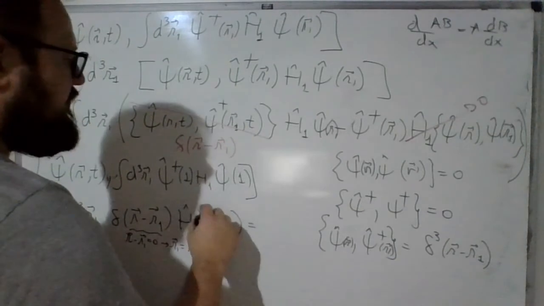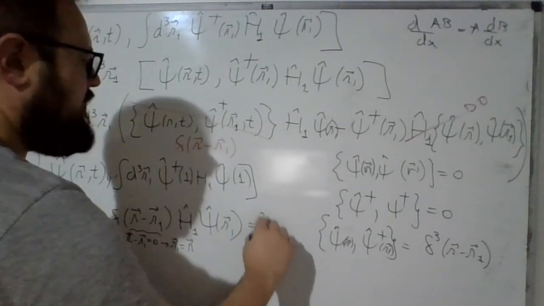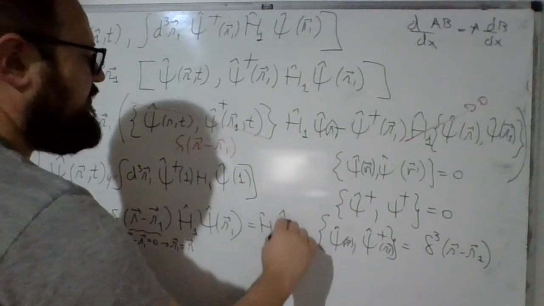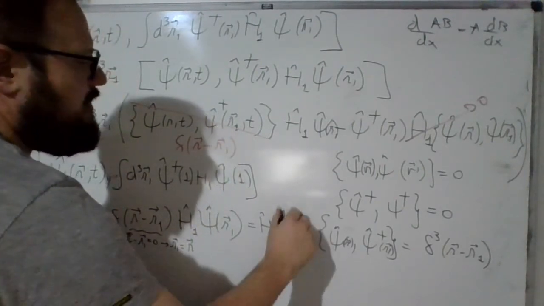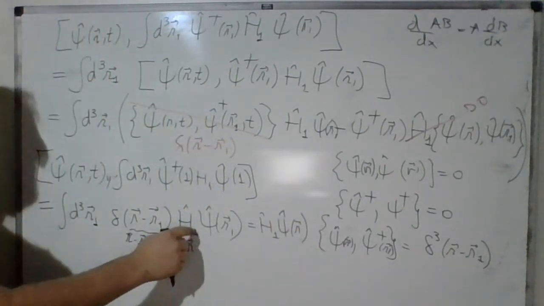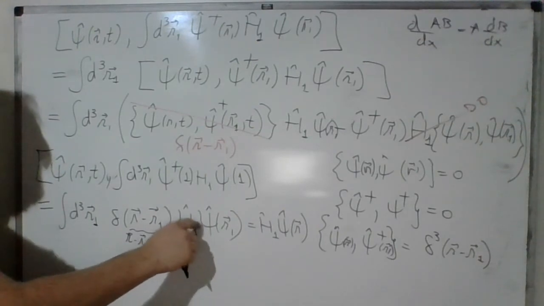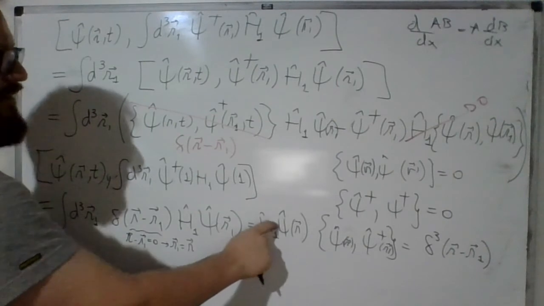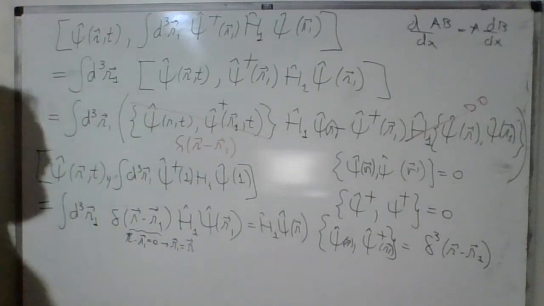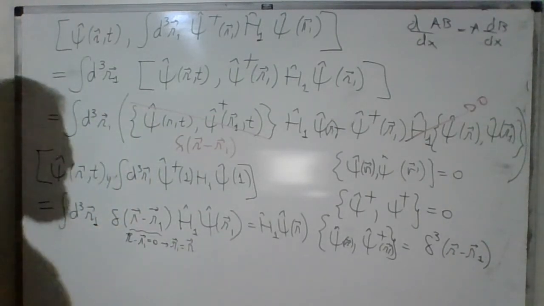So this produces Hamiltonian 1 applied to psi of R, sorry. The Hamiltonian of one particle, which was calculated with respect to the position of the particle R1, is now calculated with respect to R, and this is it. This is what we have found.